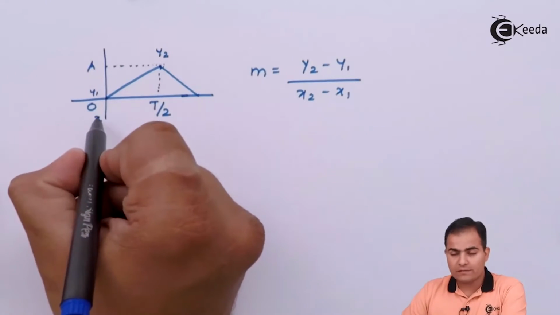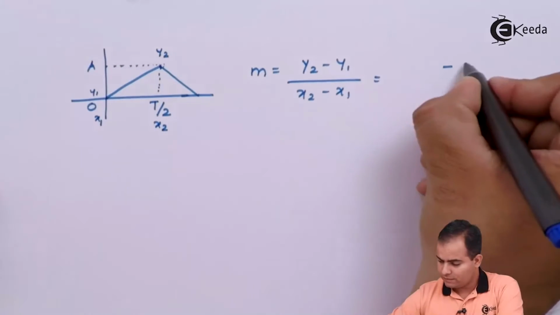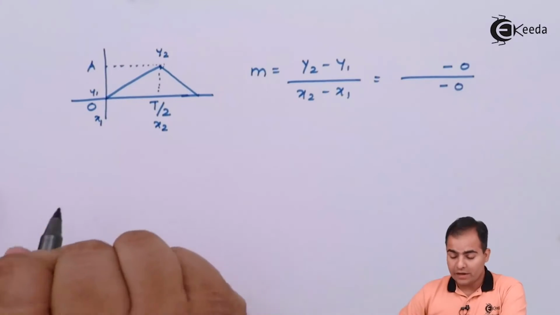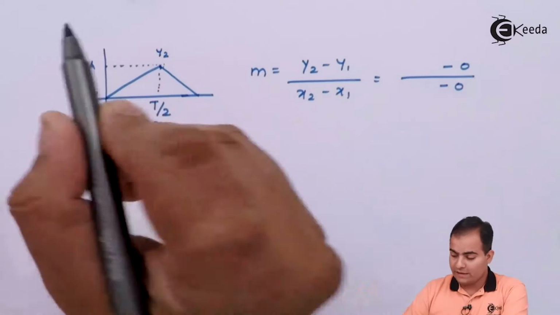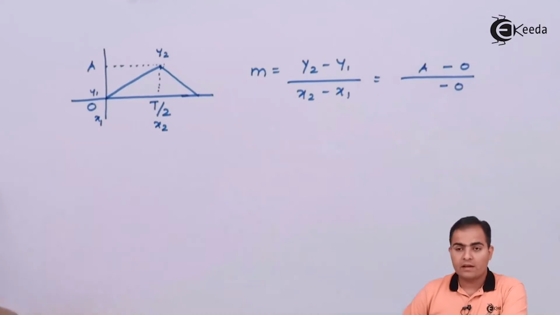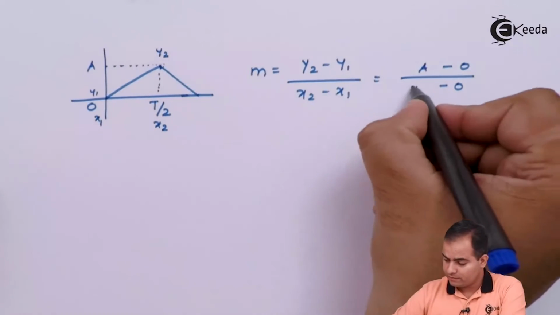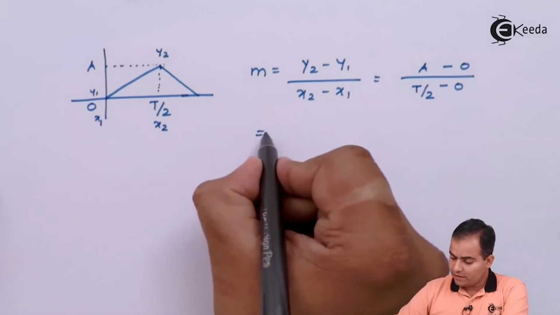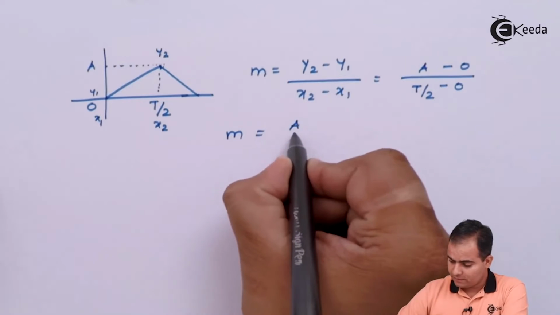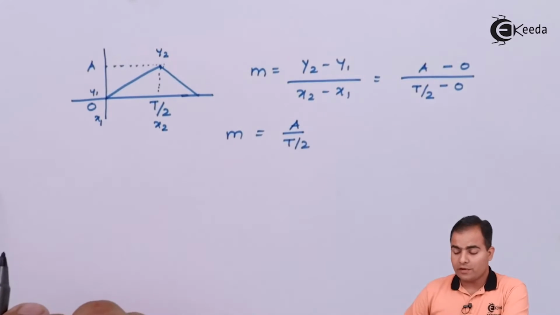My y1 and x1 values are 0. But my y2 value is A, and my x2 value is T by 2. So I can say that my slope value is A upon T by 2.